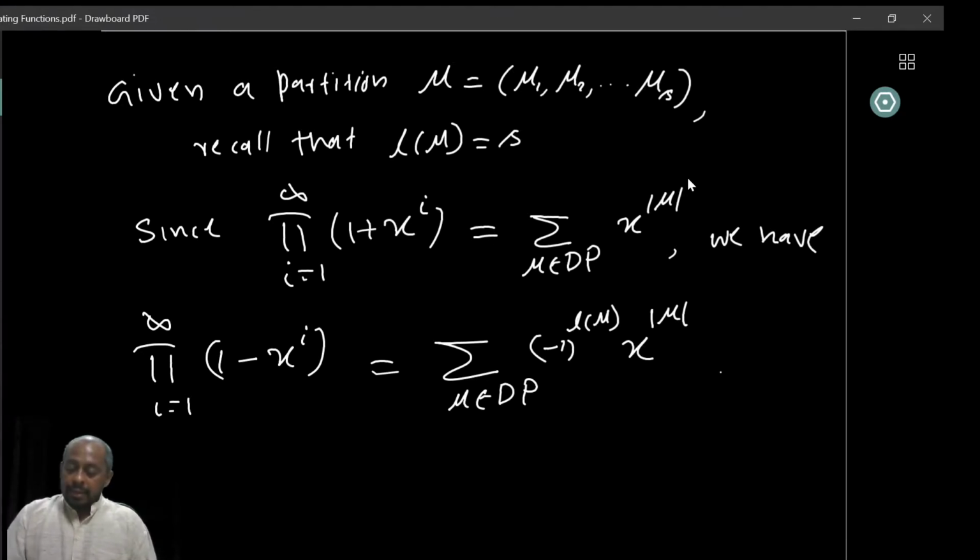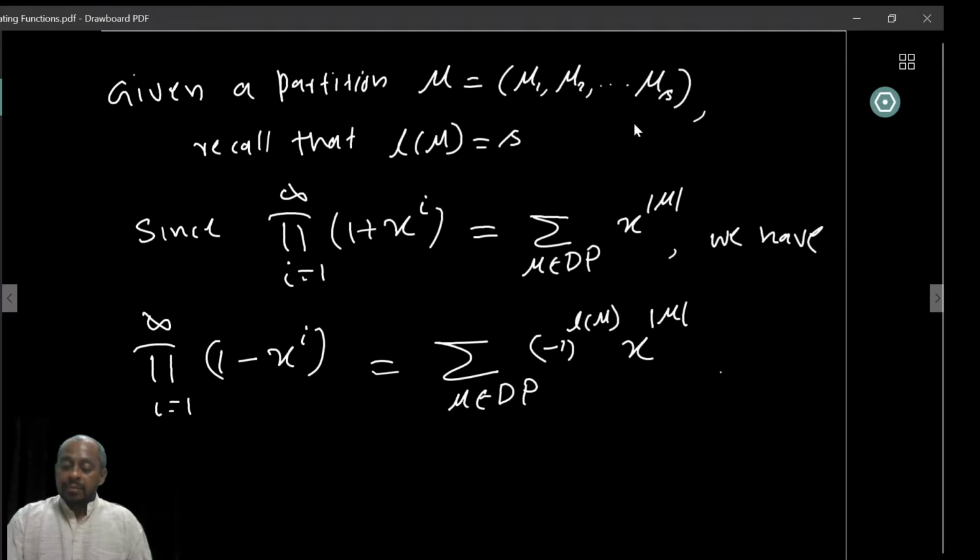So therefore, what I get is minus 1 raised to length of mu, because when I take the product of this, there is a minus 1 here, minus 1 here, minus 1 here, etc. So minus 1 raised to length of mu, which is s here, times x raised to mod mu. When I say mod, it is the area of mu.